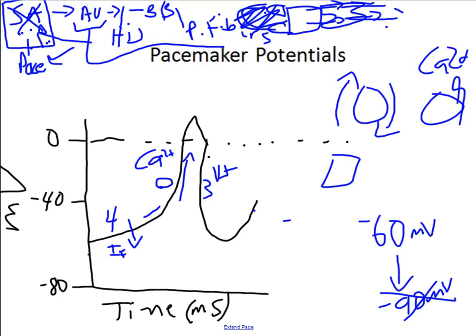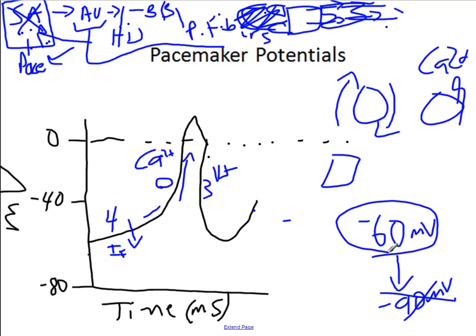And remember that these autorhythmic cells are lacking phases 1 and 2, just due to their design and their nature. Like I said, these have a resting membrane potential of about negative 60 millivolts, which suppresses the activity of those fast sodium channels, which are present, they just don't open.